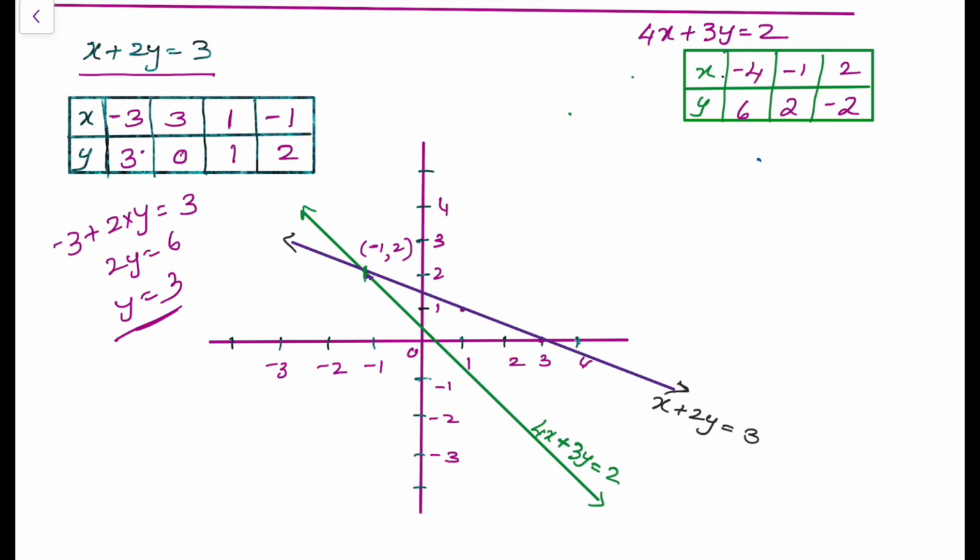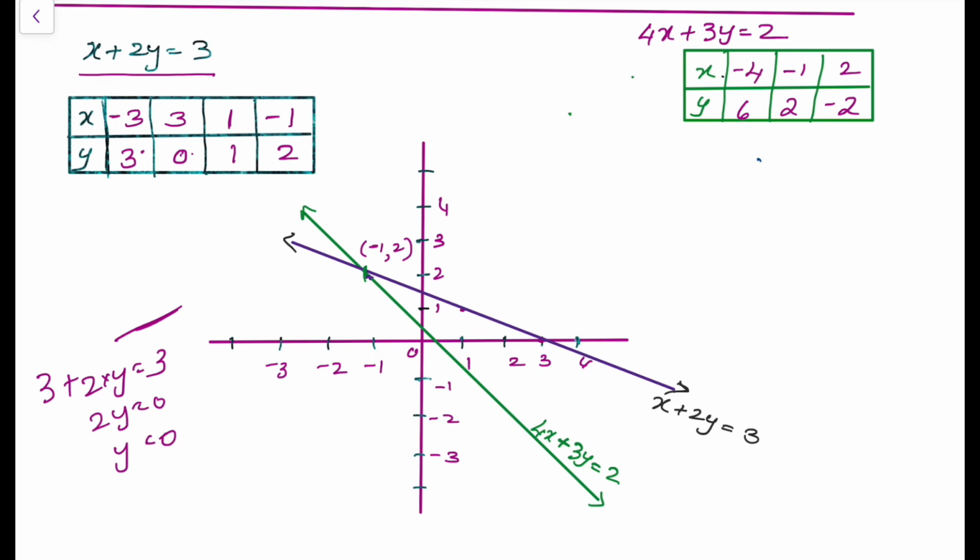Similarly, put x is equal to 3. So, it will be 3 plus 2 into y equal to 3. So, 2y equal to 0. So, y equal to 0. This. So, try to put numbers in such a way that you get y equal to a whole number, then only it will be easy for you to plot.